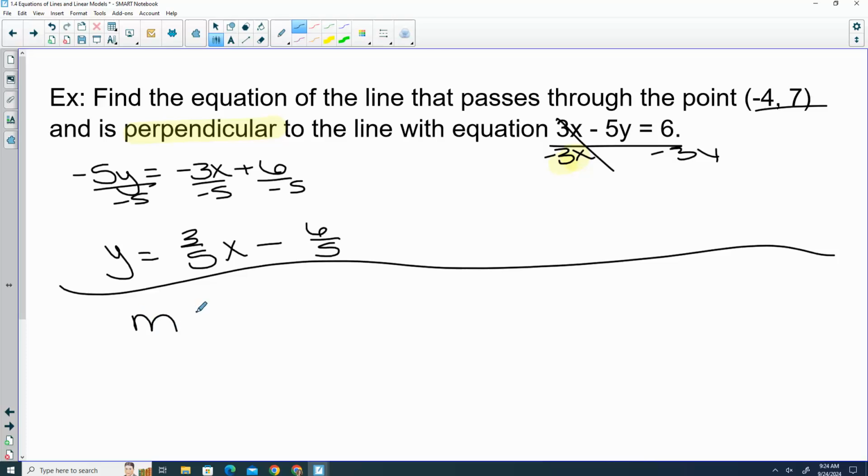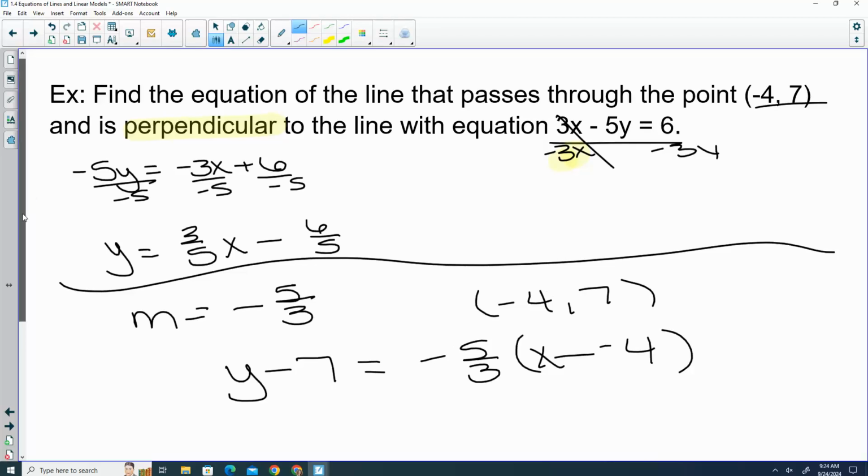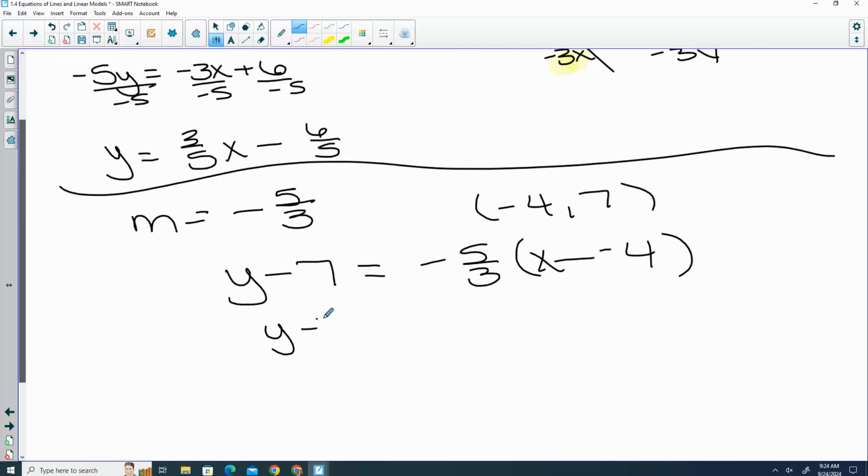So if I want perpendicular, what slope am I using? Negative 5/3. And I have my point. So now we plug into our equation. y minus y1 equals m times x minus negative 4. y minus 7 equals negative 5/3 x.